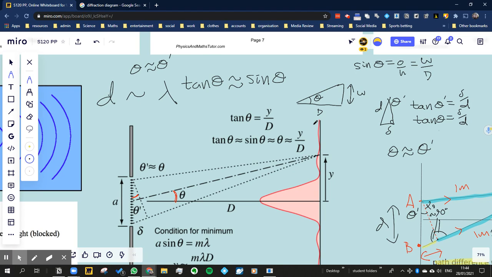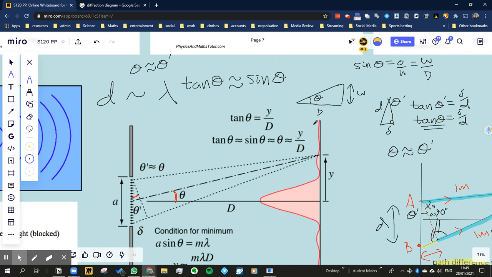And also, for these small angles, we can say that tan theta is roughly the same as sine theta.